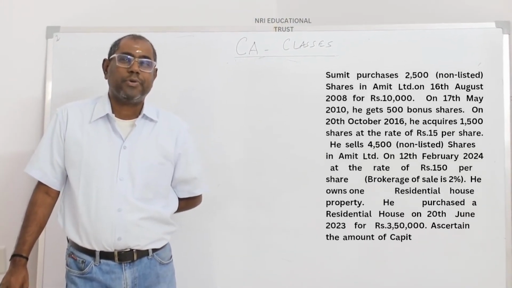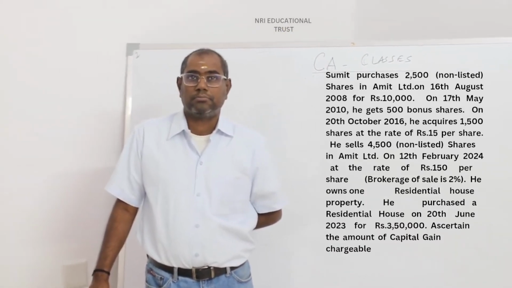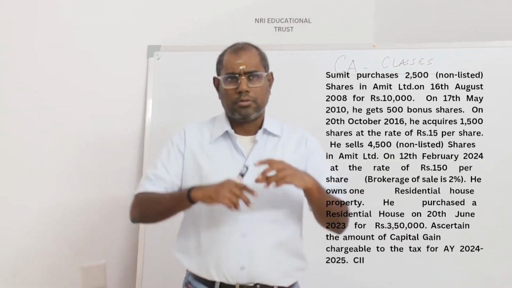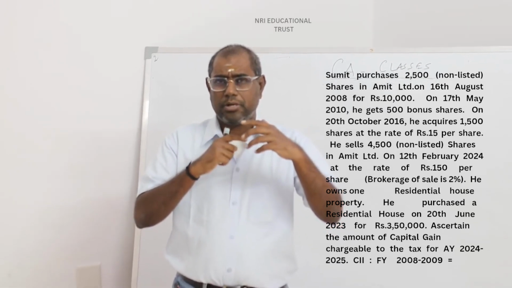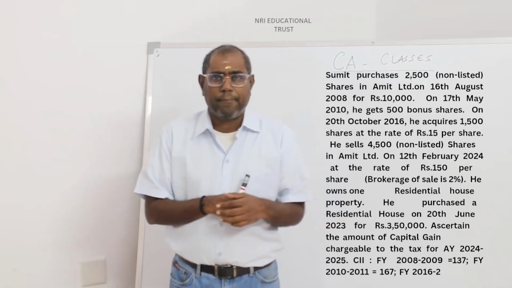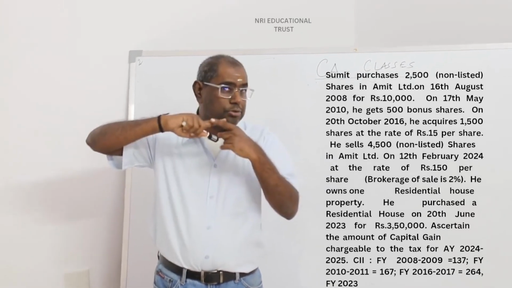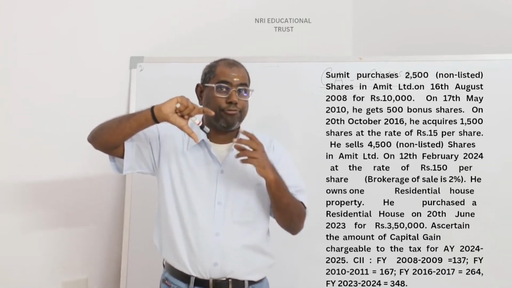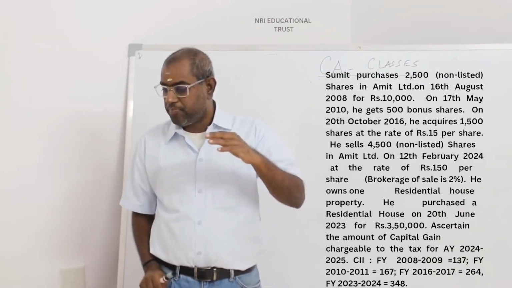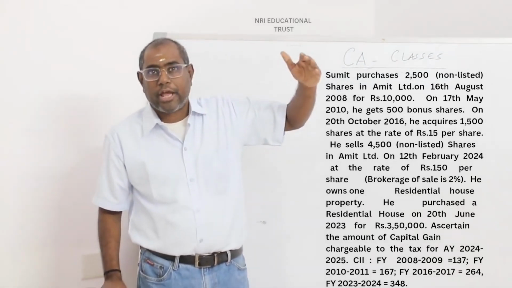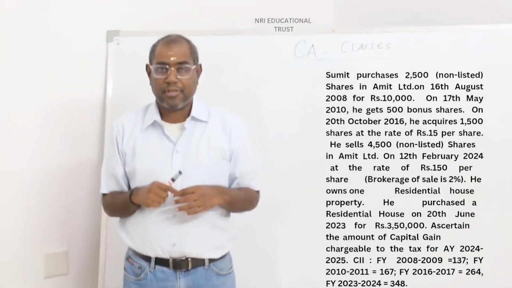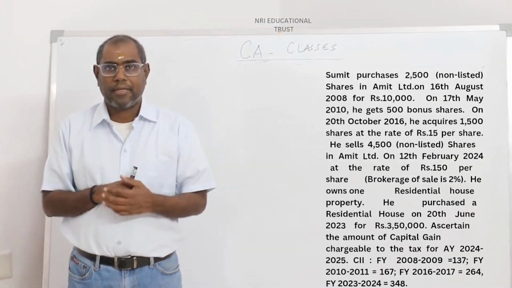See, the problem looks very simple, but it is not. What is the examiner's idea in the problem? He asked you to compute a capital gain and to discuss Section 54F, because the assessee is selling the shares and buying a residential house property. 54F will trigger.